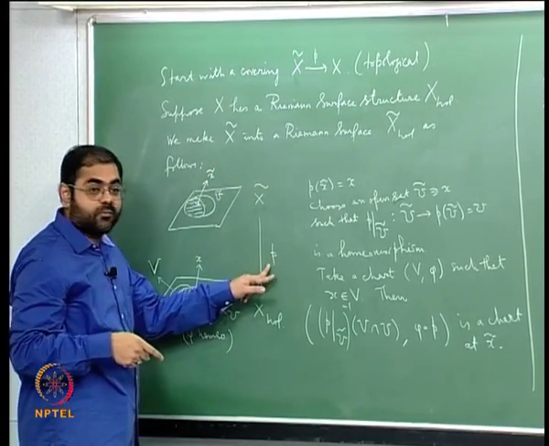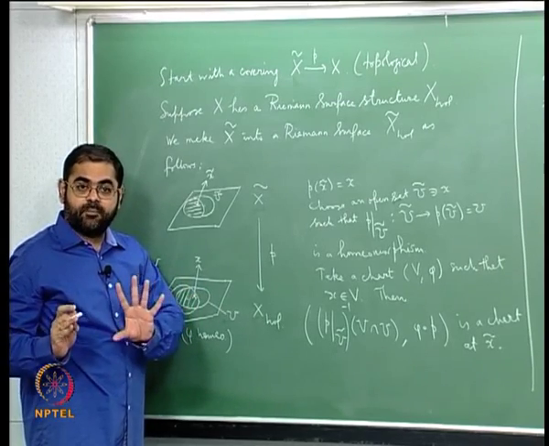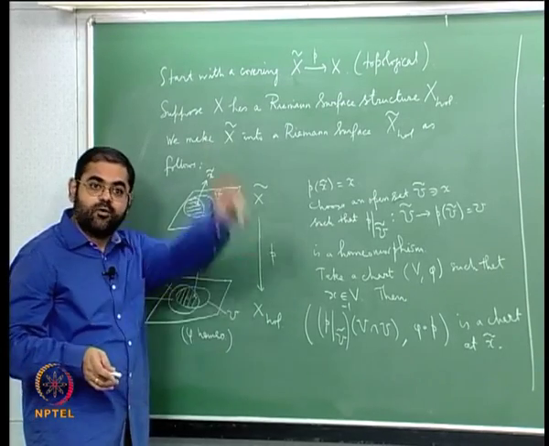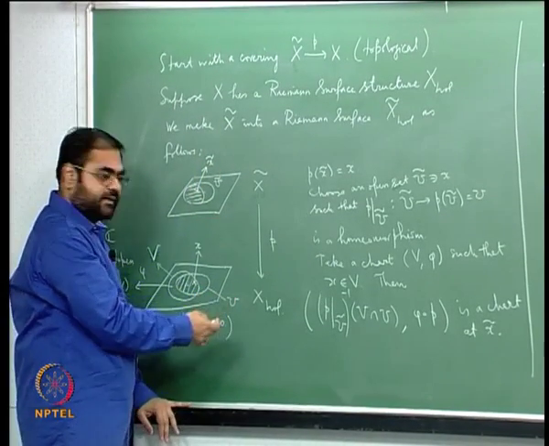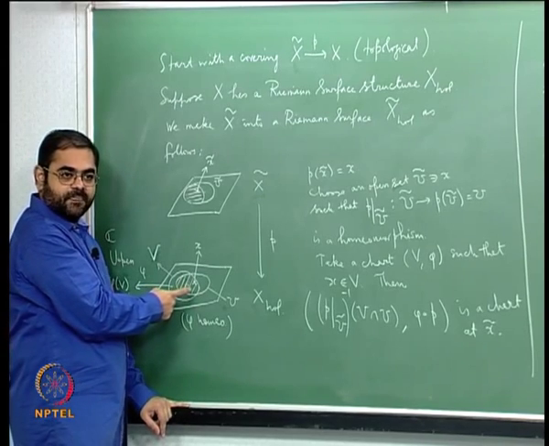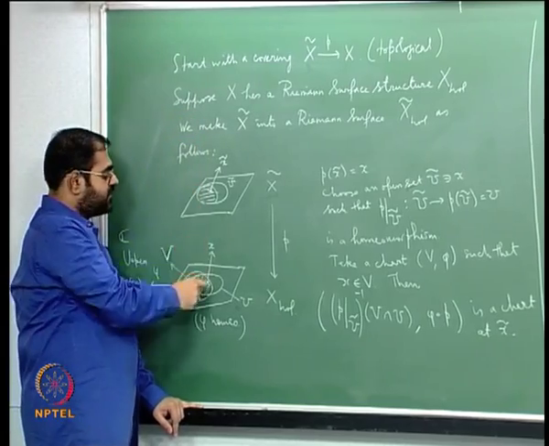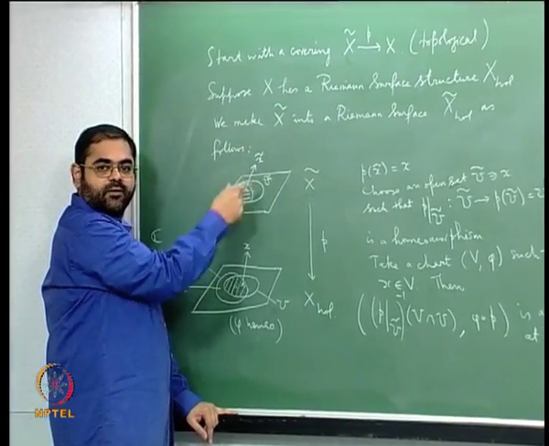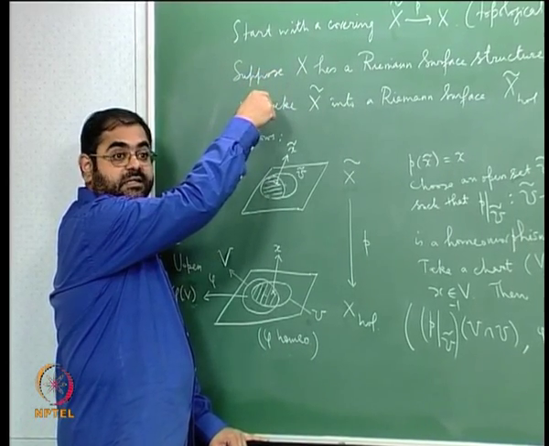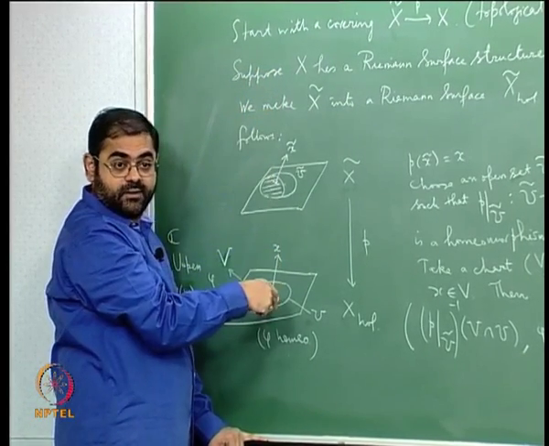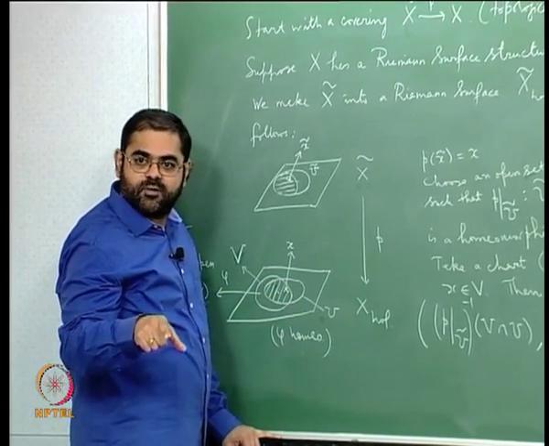So P being a local homeomorphism, that property will immediately give you that P is a local biholomorphism, okay. And therefore what happens is that if you give me an admissible neighbourhood below, okay, then of course you take the inverse image of this admissible neighbourhood, it's going to break down into neighbourhoods above, okay, open sets above, such that P restricted to that is not only going to be a homeomorphism, it will actually be a holomorphic isomorphism, it will be a biholomorphic map, okay.